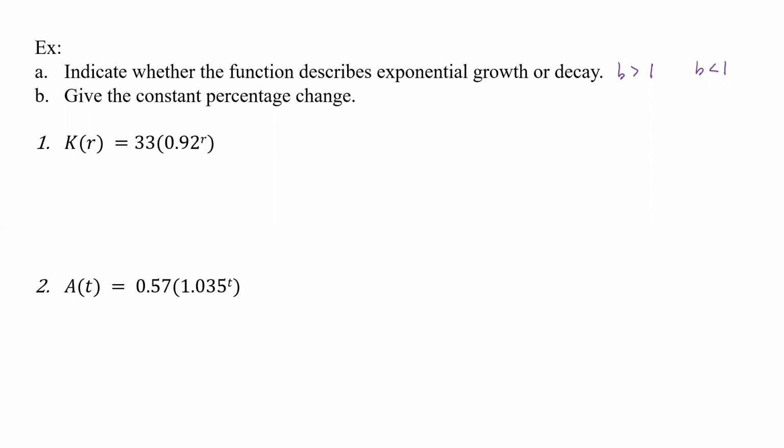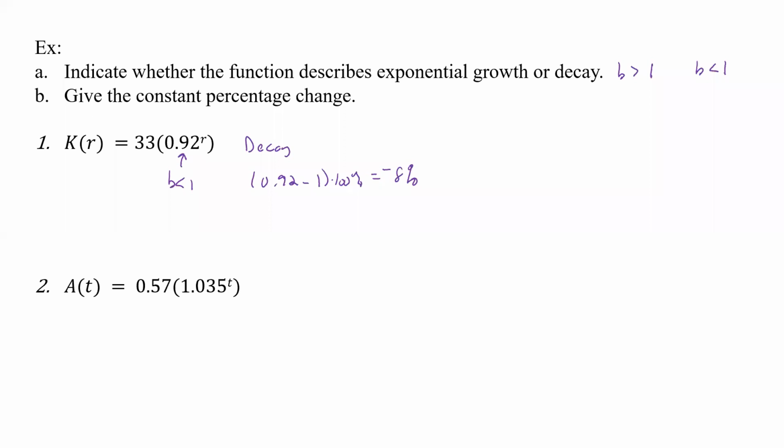Well, we look at that b, and we see 0.92. Well, that 0.92, that's b is less than 1. So this one is a decay. And so now if we take 0.92 minus 1 times 100%, well, that's going to give us 8%, but it's going to be a negative, okay?